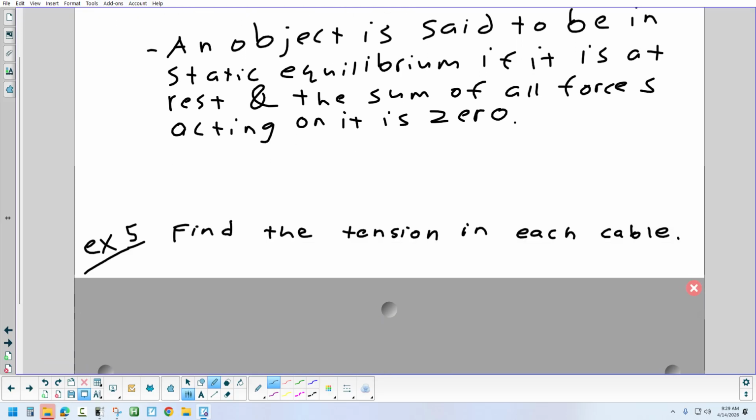So what I want to do is find the amount of tension in two different cables supporting an object. Now, if you hang, let's say, 1,000 pounds of weight from two cables, would there always be 500 pounds of tension in each cable? What do you think?